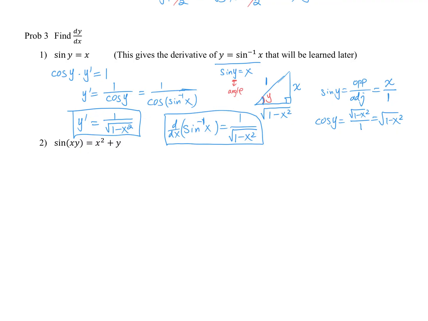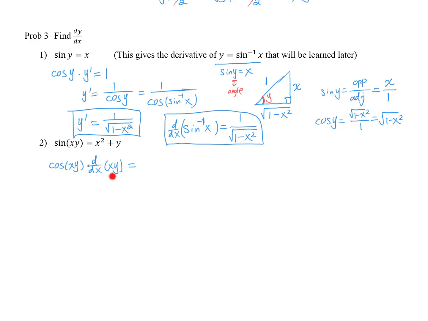We have on the left side sine of xy, and the right side, x squared plus y. Let's differentiate the left side with respect to x. Because this is sine of some function, we should use the chain rule, right? So using the chain rule, the derivative of the left side will be cosine of this inner function times the derivative of the inner function.